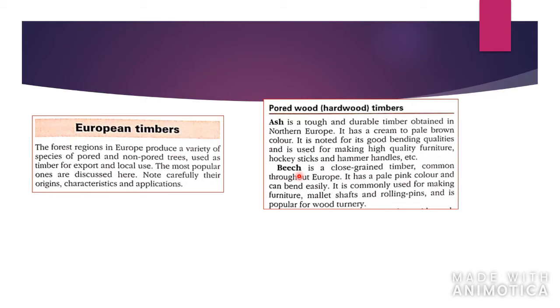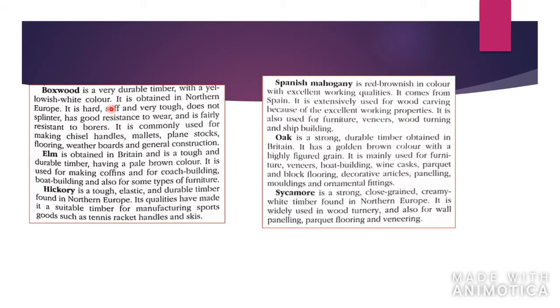You have boxwood. So what I'm going to do is let you go through each one. You have boxwood, elm, hickory wood, and Spanish mahogany. We looked at mahogany in Africa, but you have the Spanish mahogany version, and it would probably look similar to the other mahogany.